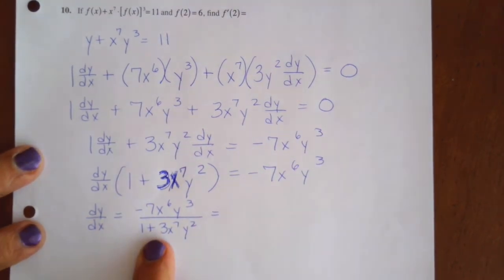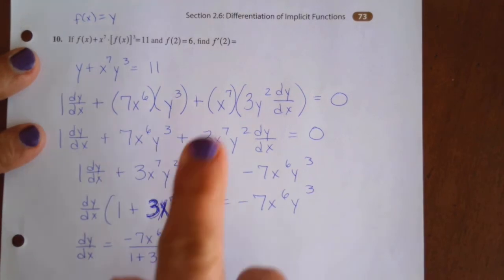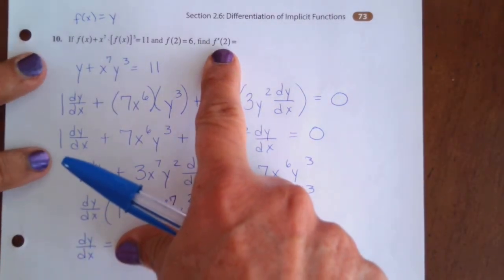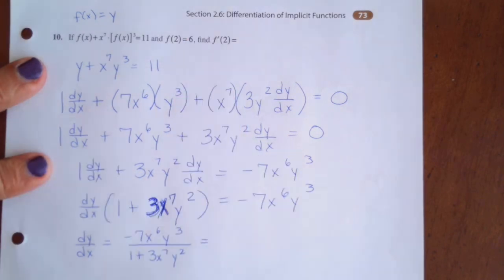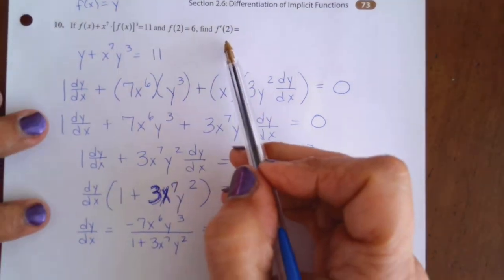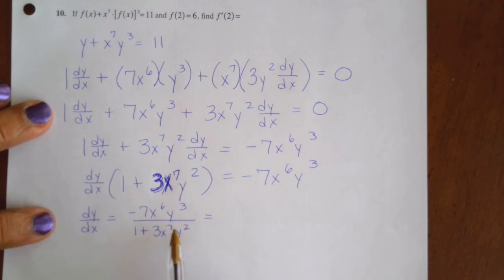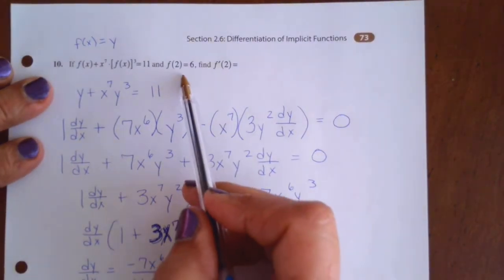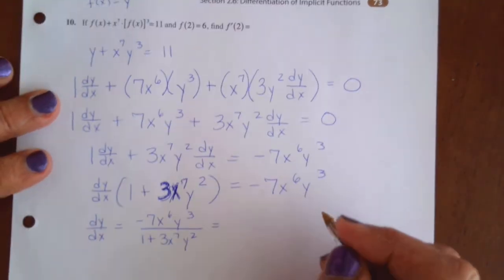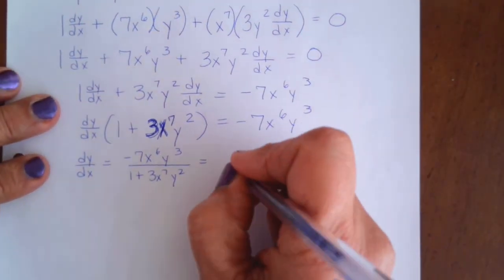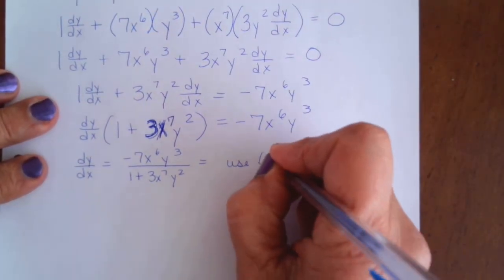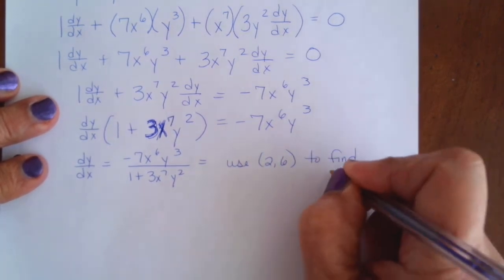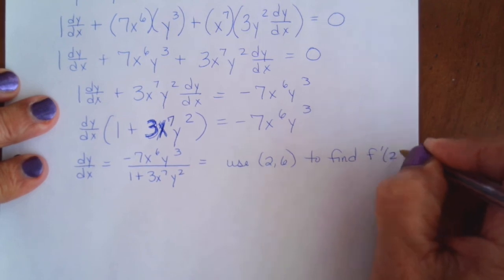Okay, but I'm not quite done because it didn't just say find the derivative, it said find f prime of 2. Okay, so f prime of 2 means I'm plugging in 2 for x, but notice that there's also y's here, so that's why they gave you the ordered pair. So I'm going to use the point (2, 6) to find f prime of 2, right?